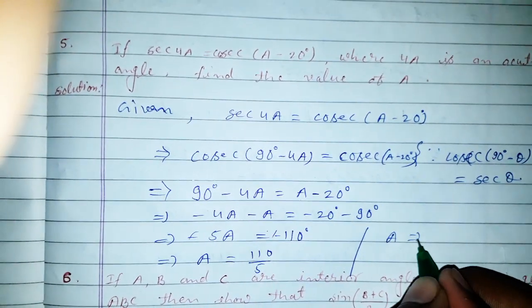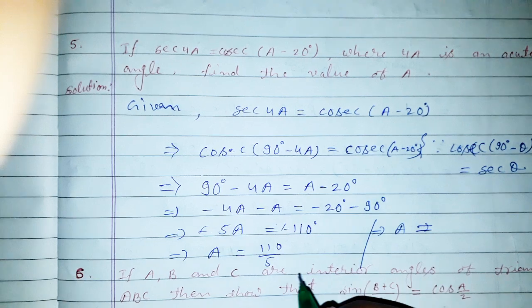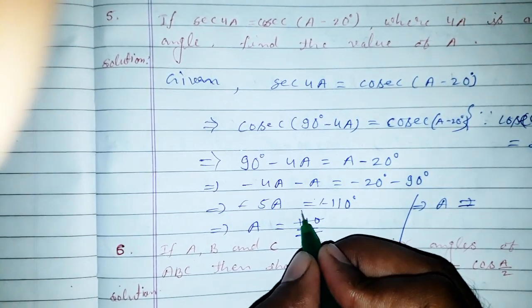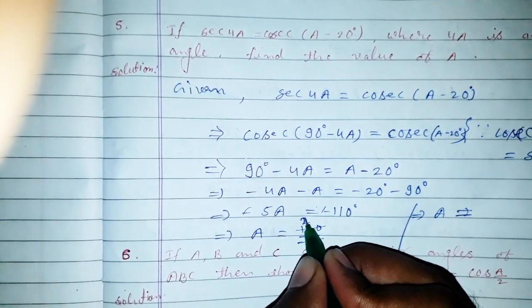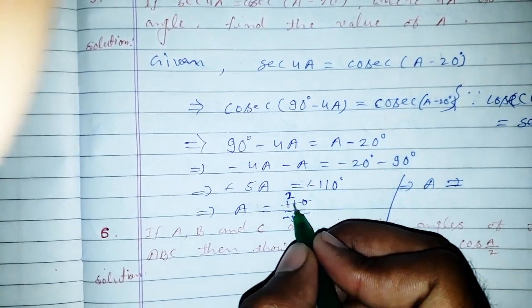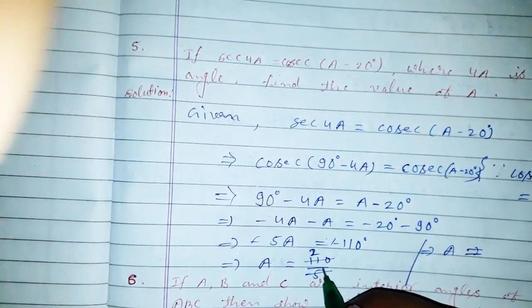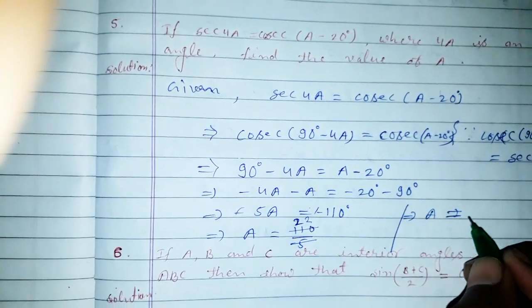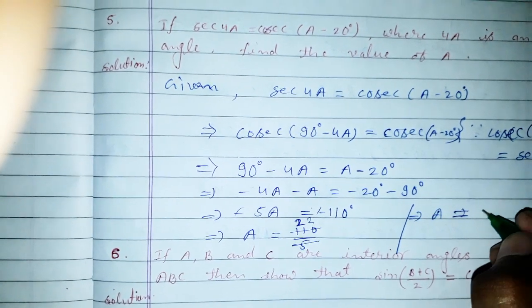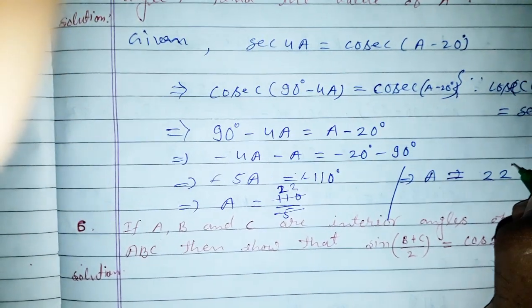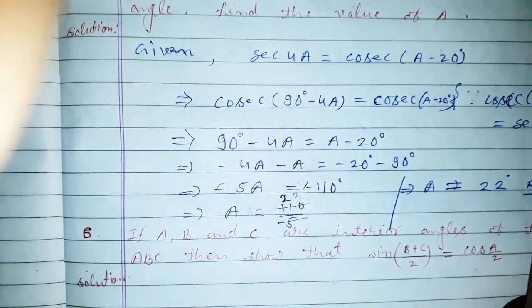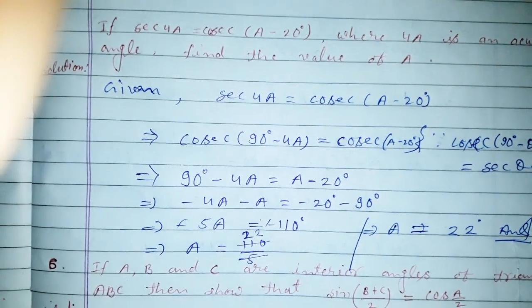So A is equal to 22 degree. This is an acute angle, because here 4A is also an acute angle.